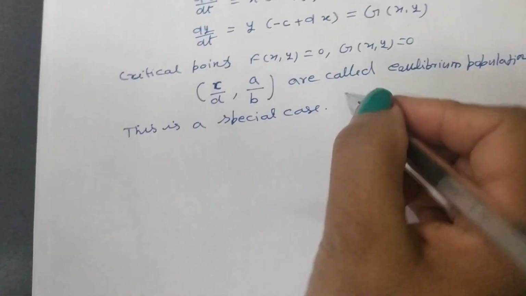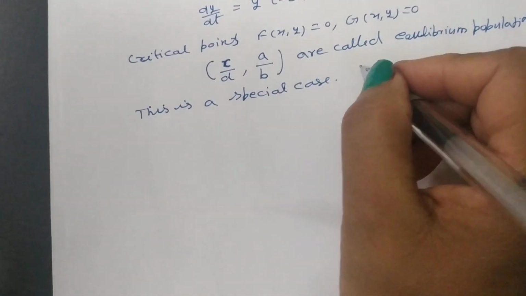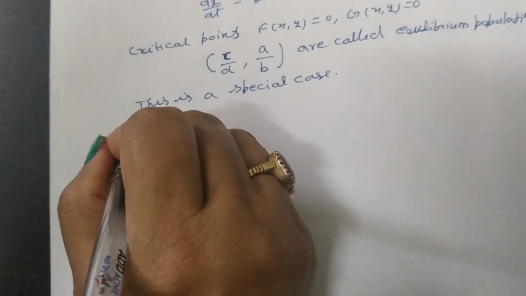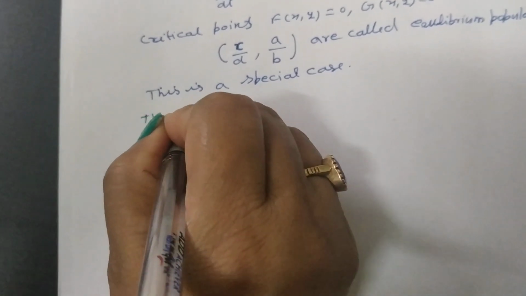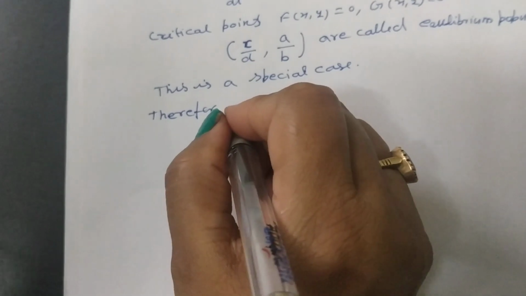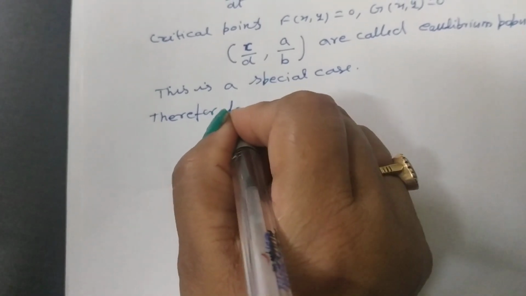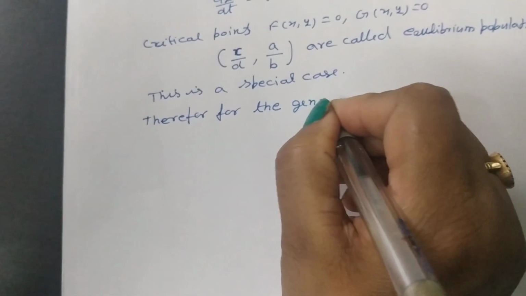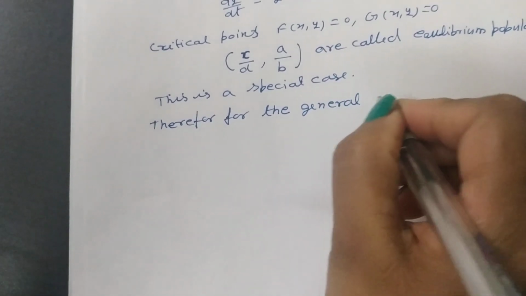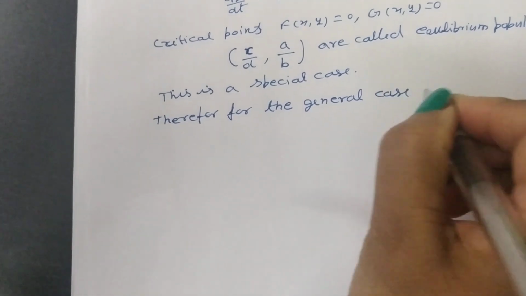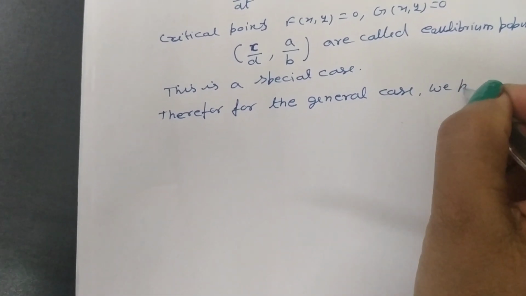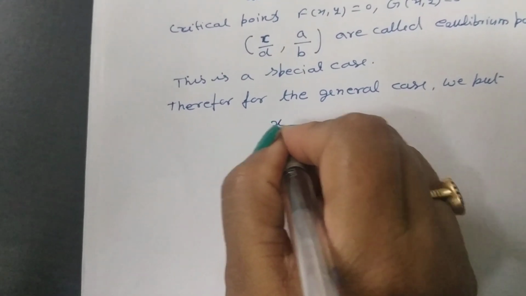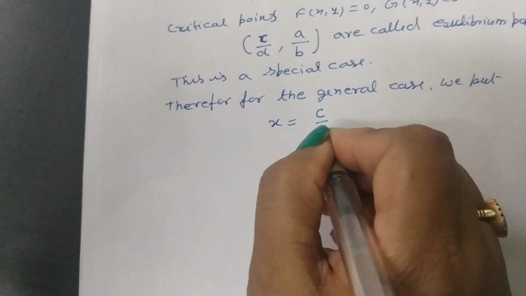Yes, only for rabbits and foxes. Now therefore we generalize in the general case. For the general case, we put x is equal to c by d plus capital X for the generalized.